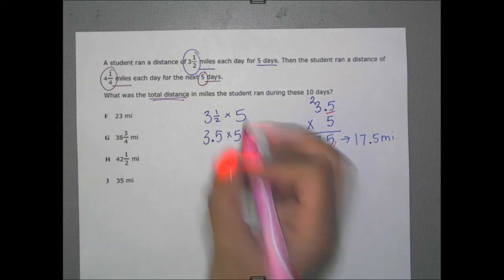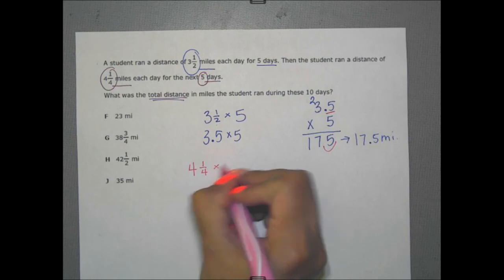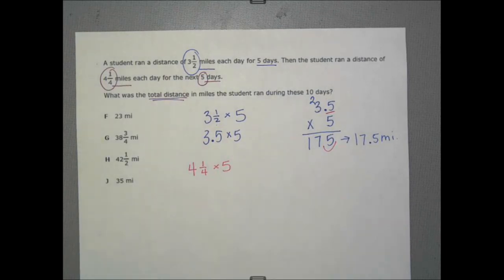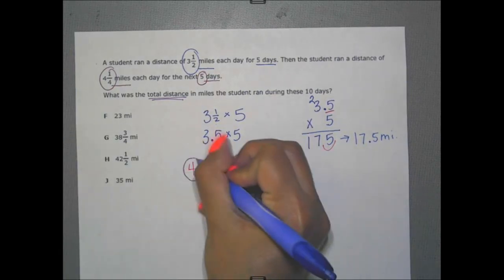And it says 4.25. 4.25 times 5. Now to do this, I'm going to leave this one as a fraction so that we remember how to multiply that. And before I can do that, I need to turn this mixed number improper.